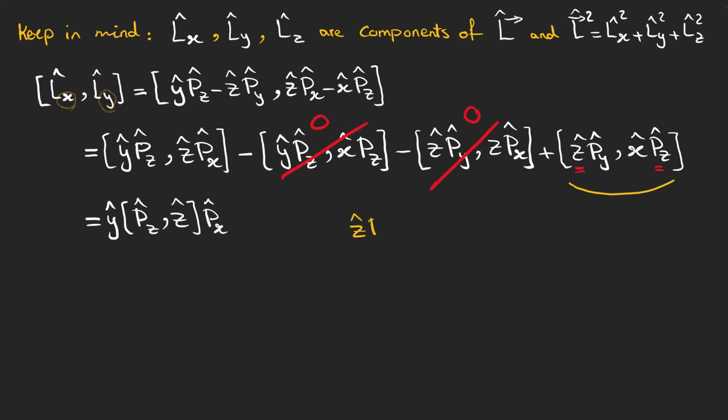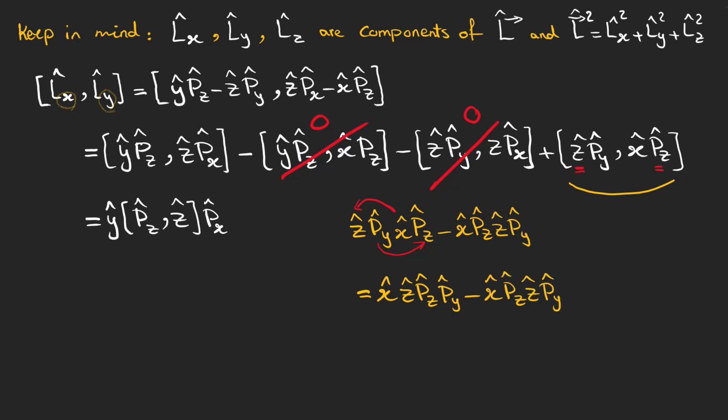So for this one, we can write zpy xpz minus xpz zpy, and we can actually commute py and other terms that are in front of it and take it to the last order. And we can actually take x to the beginning, so we can write it as x z pz py minus x pz z py.